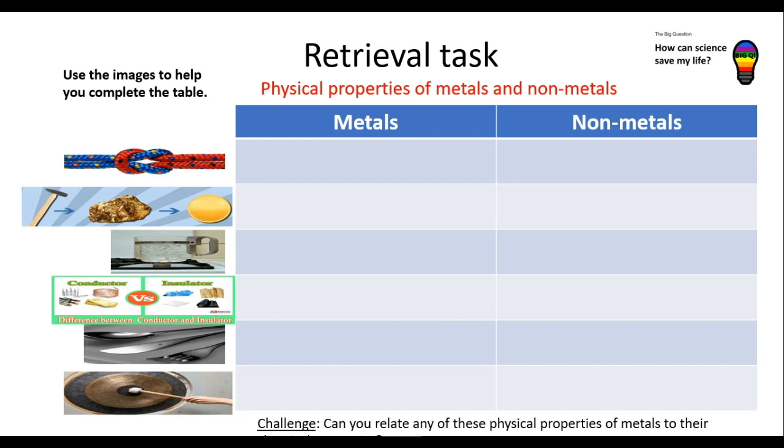But if the images don't tell you much about the physical properties, just try to think of what you know usually in your daily life about metals, and try to write down the physical properties that you remember.